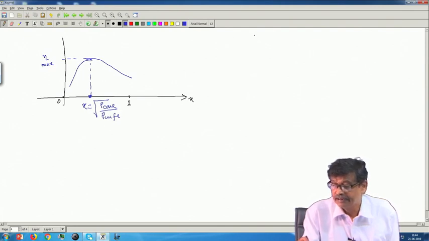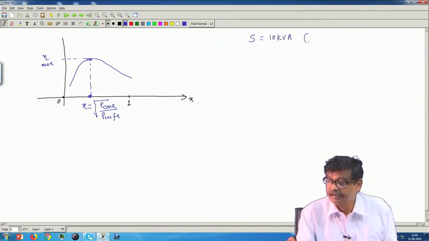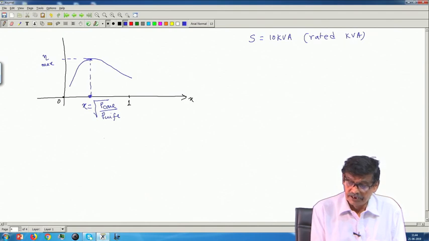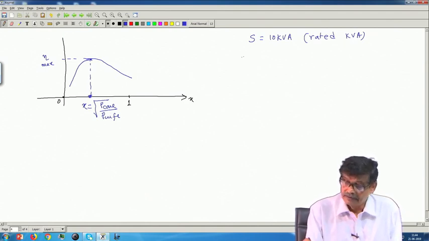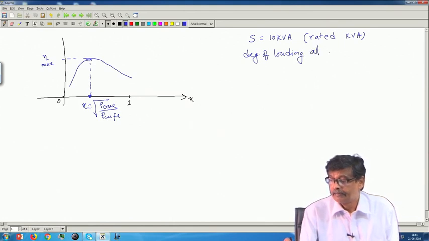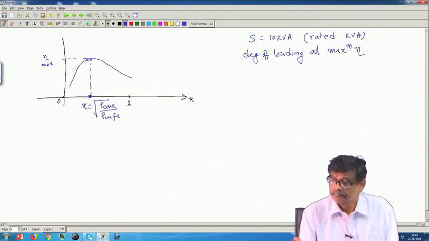Suppose S is equal to 10 kVA for easy calculation, it is the rated kVA, and suppose you calculate the degree of loading at maximum efficiency. How do you calculate?